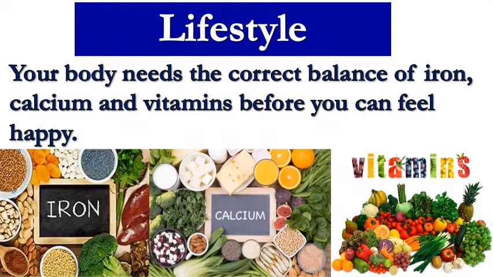Also in the lifestyle column, your body needs the correct balance of iron, calcium, and vitamins before you can feel happy. If you want to feel happy, you need to make a balance of minerals such as iron, calcium, and vitamins.